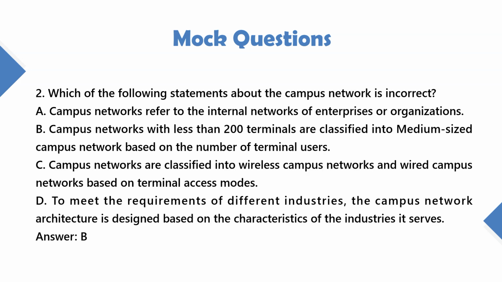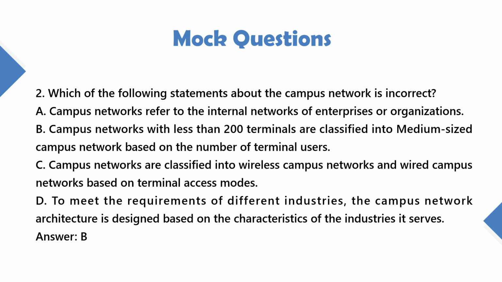2. Which of the following statements about the campus network is incorrect? A. Campus networks refer to the internal networks of enterprises or organizations. B. Campus networks with less than 200 terminals are classified into medium-sized campus network based on the number of terminal users.